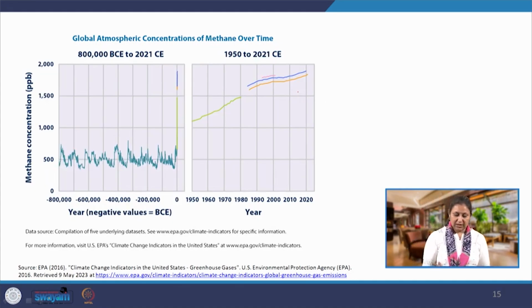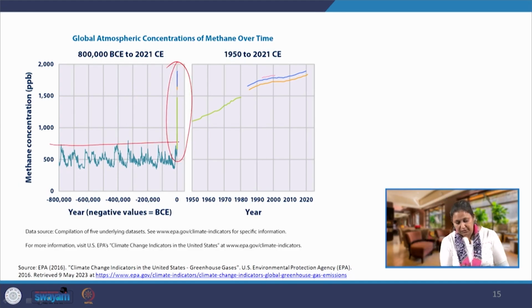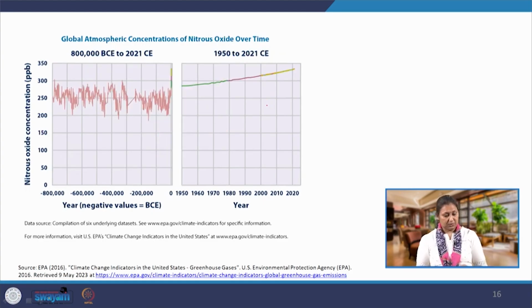If we look at methane, it is exactly the same story, probably more alarming. From 500 here, which was probably the peak for 8 lakh years, we are closing in on 2000. 4 times the concentrations of methane is what we are talking about, and this is the blow up here. Same with nitrous oxide.